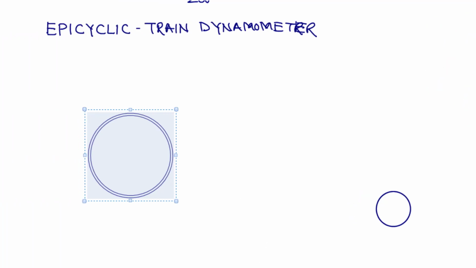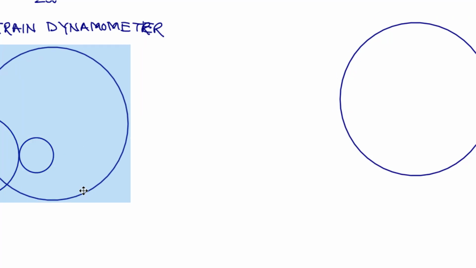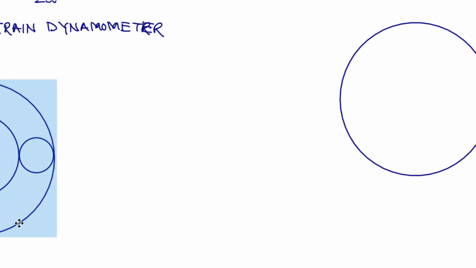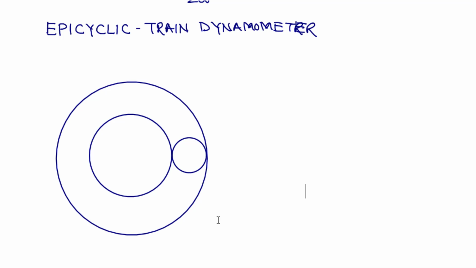This is the sun gear, planet gear, and this is the annular gear. The figure shows it consists of a simple epicyclic train of gears.